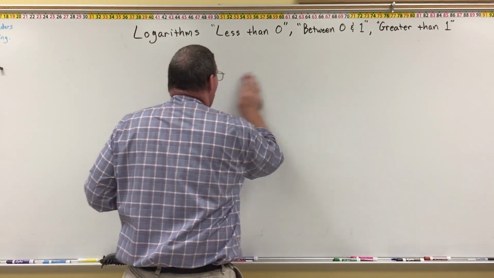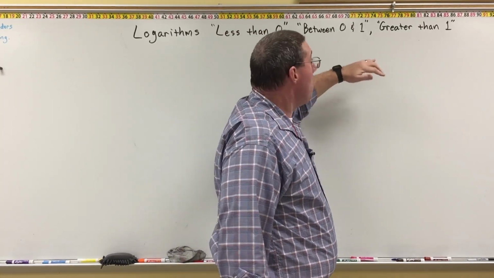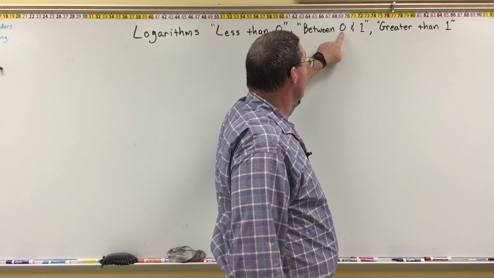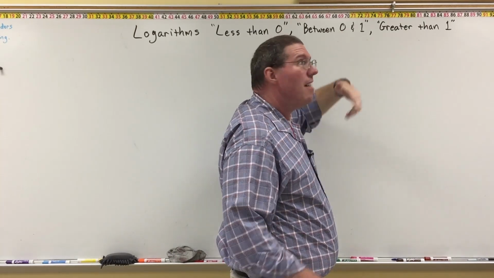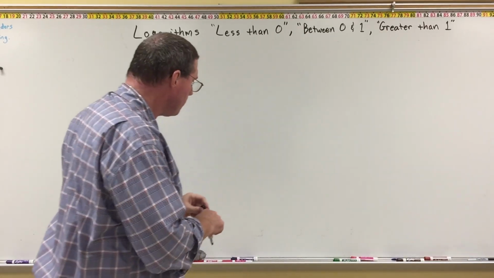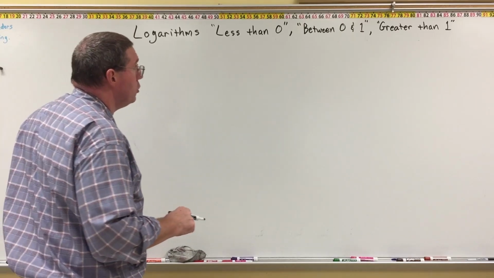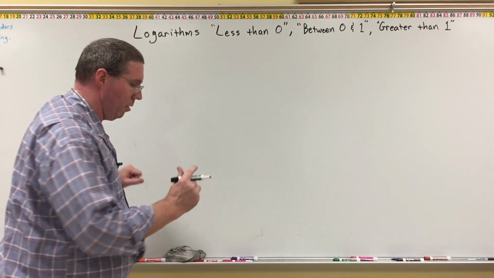We can also have logarithms that are between 0 and 1, okay? Now we know that because we've seen that we can have a logarithm that is equal to 0. We can also have a logarithm that is equal to 1. And then we've already seen plenty of answers where the logarithm is greater than 1. Well, in order to be able to do this, there's actually a very simple rule to answer this question. It is so simple, okay?